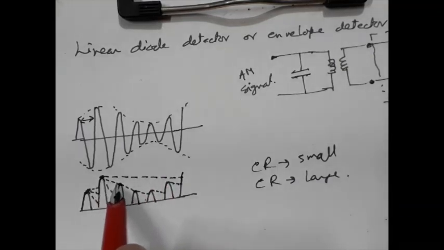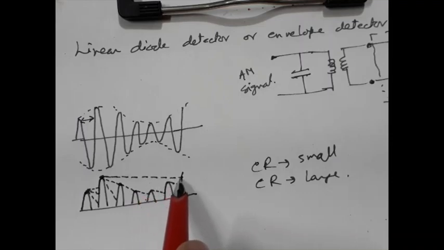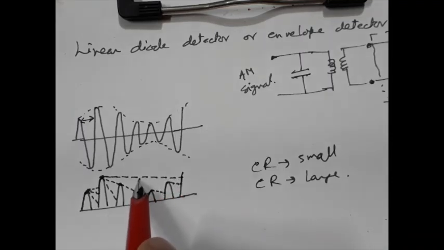So instead of going in this direction, during the negative slope of the baseband input signal, the capacitor voltage will fall in its own way. So there will be large discrepancies between the original message signal and the output voltage. This phenomenon is called diagonal clipping.